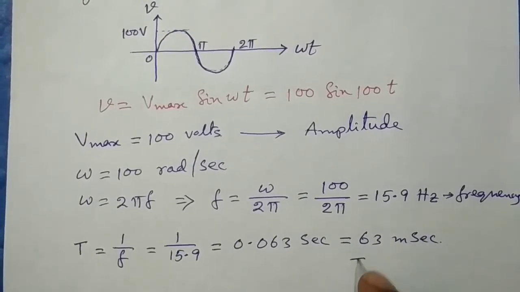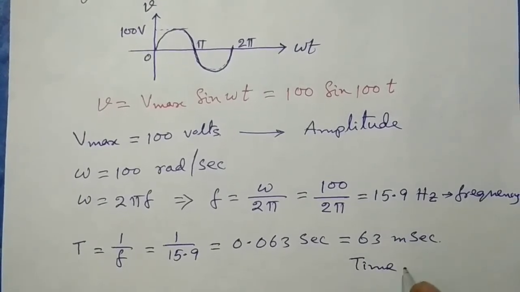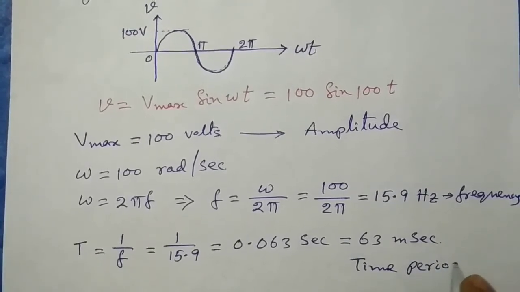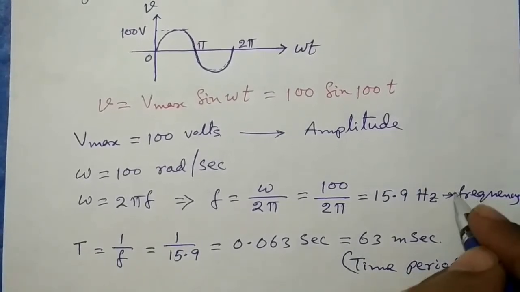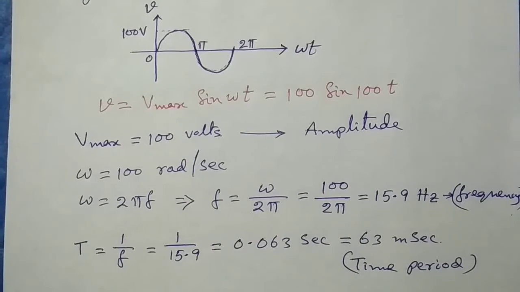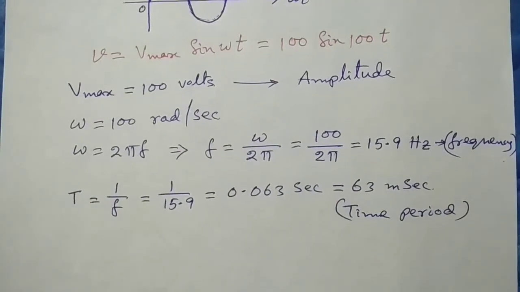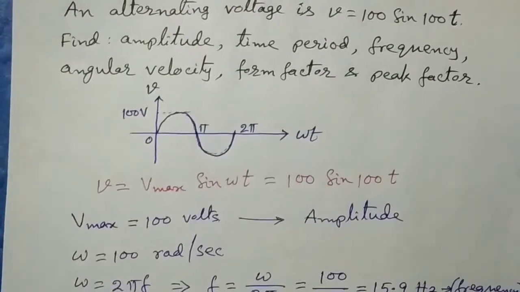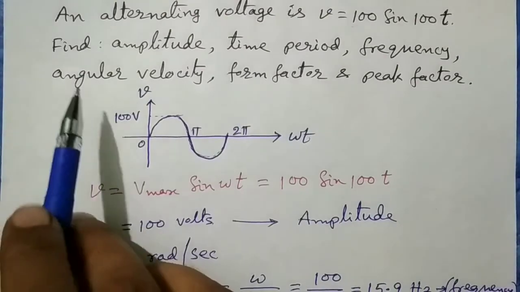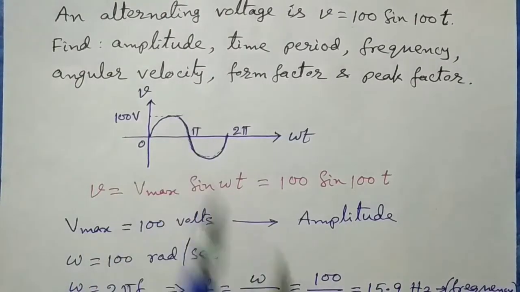This is our time period. Next, in this question it is asking the angular velocity, and we already know that the angular velocity is omega radian per second. So this is the angular velocity.